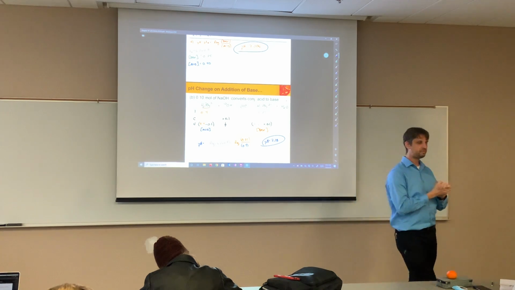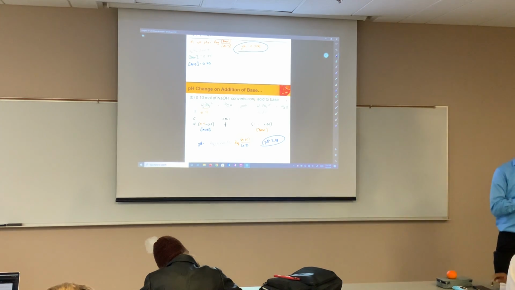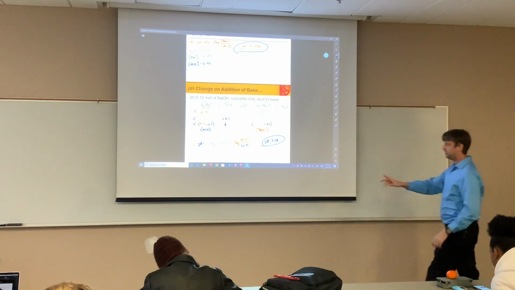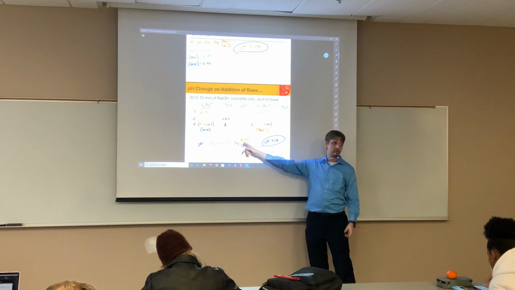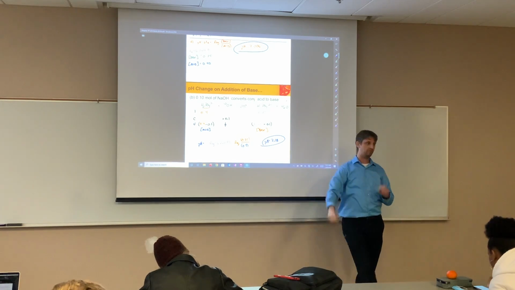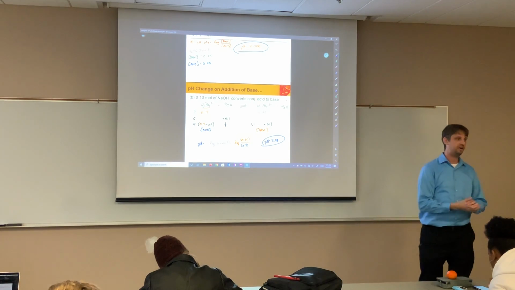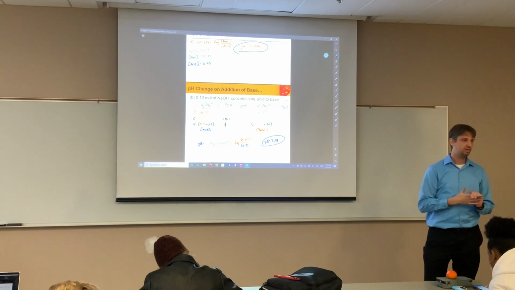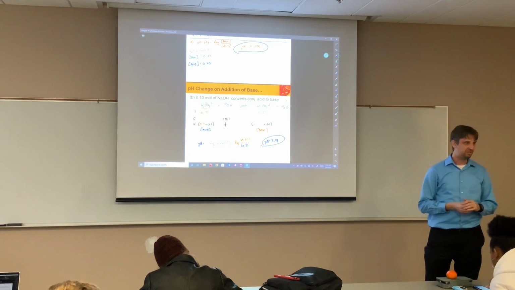So even though in the equation it's log of concentrations, we can still use moles because this is a 1 liter solution. This problem specified it was 1 liter. And I didn't change the volume by adding anything to it. So it's just a special instance.